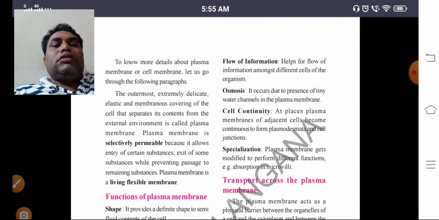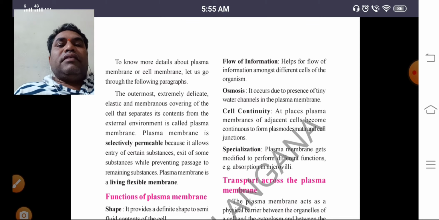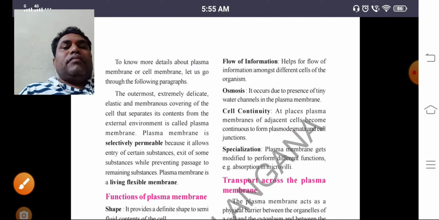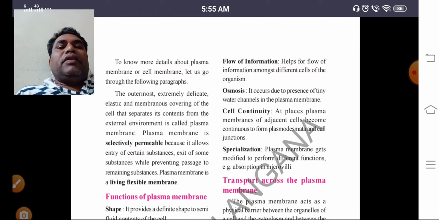The outermost, extremely delicate, elastic membranous covering of the cell that separates its contents from the external environment is called the plasma membrane.